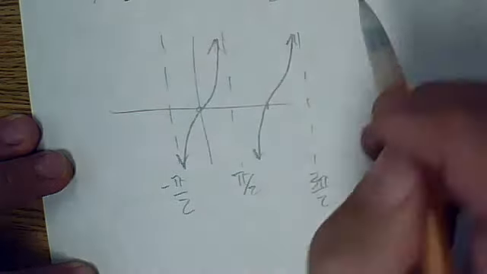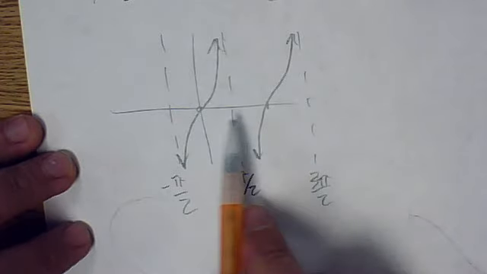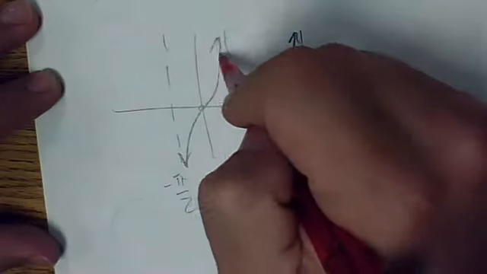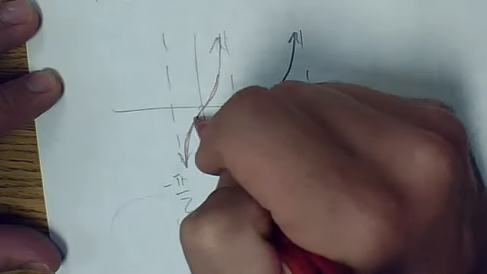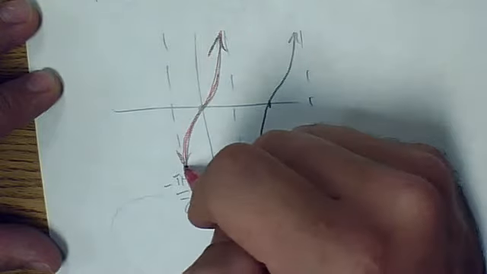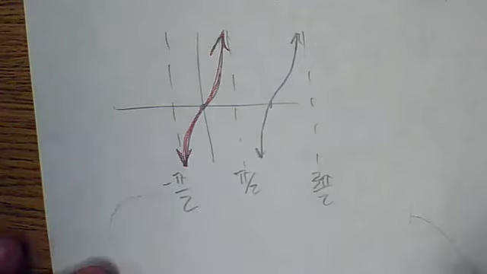Well, it's not continuous, but it repeats. The period is pi, and then it just keeps going. So we're going to use just this part right here, because if I go past pi over 2, then it will no longer be 1 to 1.